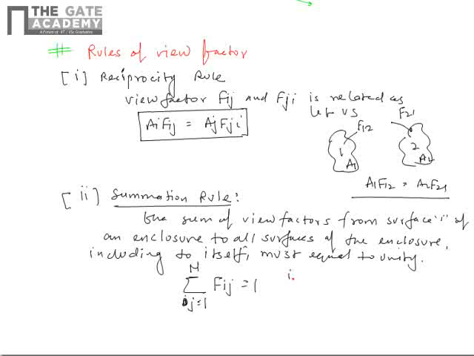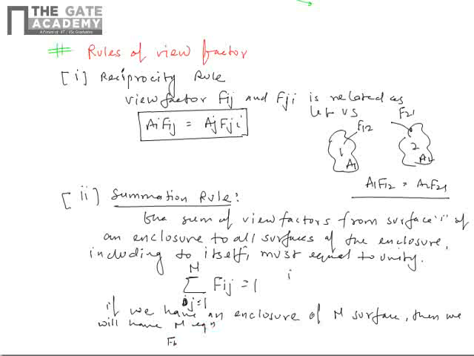So if we have an enclosure of n surfaces, then we will have equations like F11 plus F12 up to F1n is equal to 1. Similarly, it will go as Fn1 plus Fn2 up to Fnn is equal to 1. This is known as the summation rule.